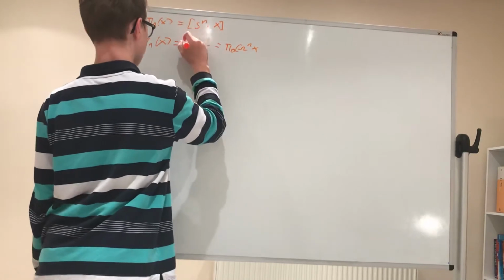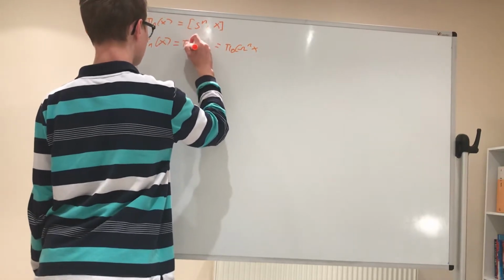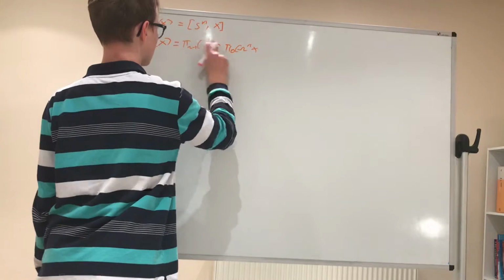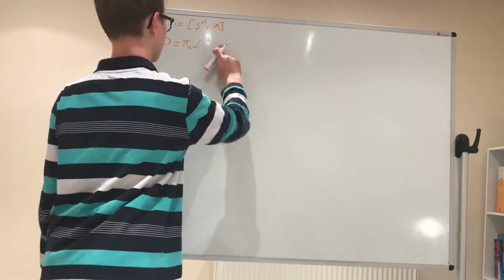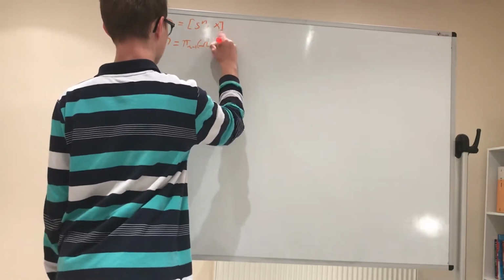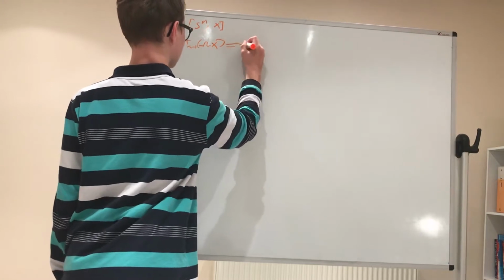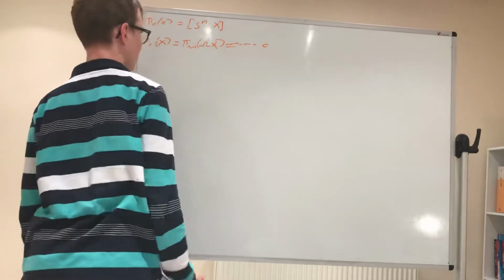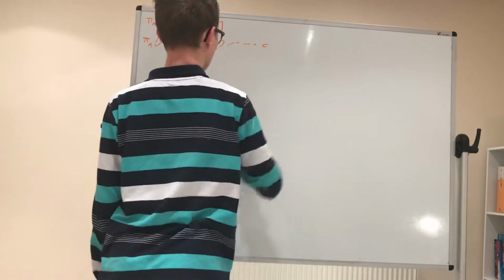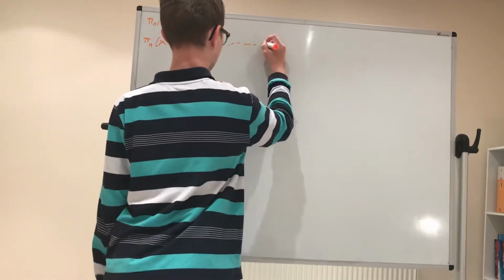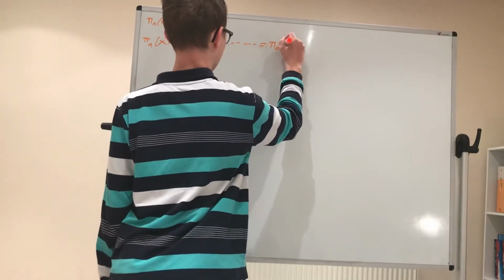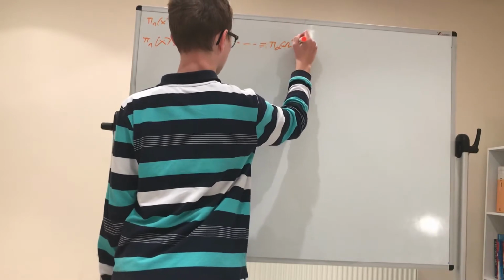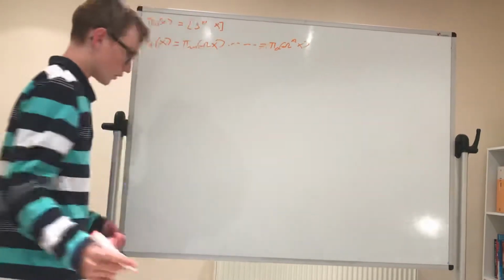So we're going to have that pi n of x is equal to pi n minus 1 of the loop space of x, which is equal to pi 0 of the nth loop space of x. Okay?